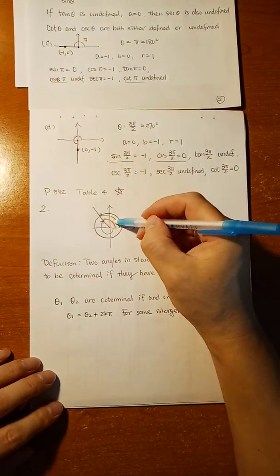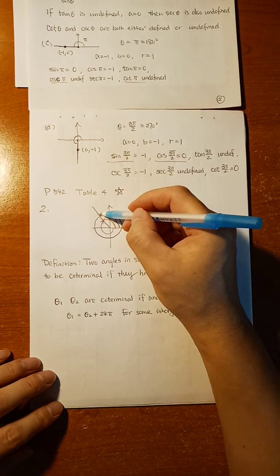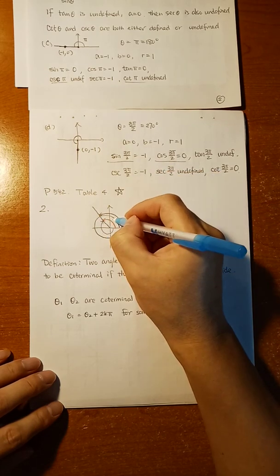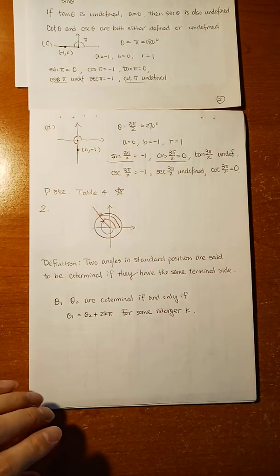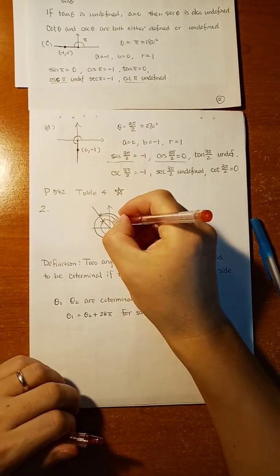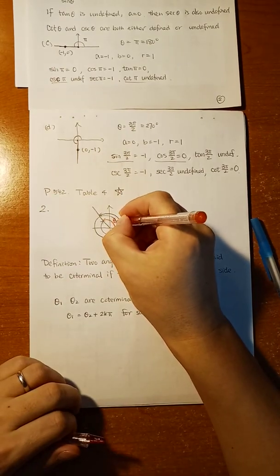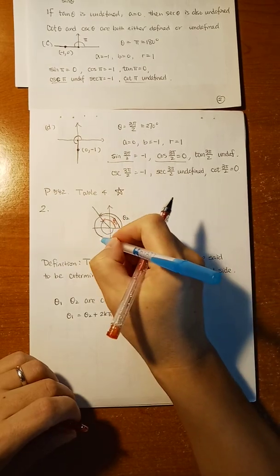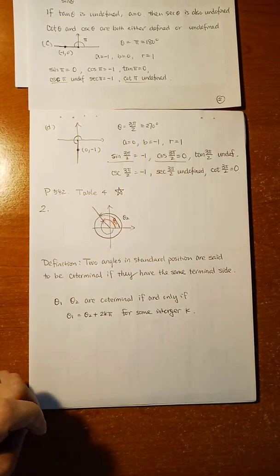You see here, this is a red one. This is this black one. The black one is actually the red one. Let's use this. This red one is theta 1. This black one is theta 2. This blue one is theta 3.